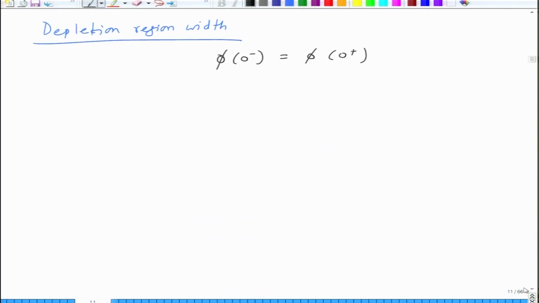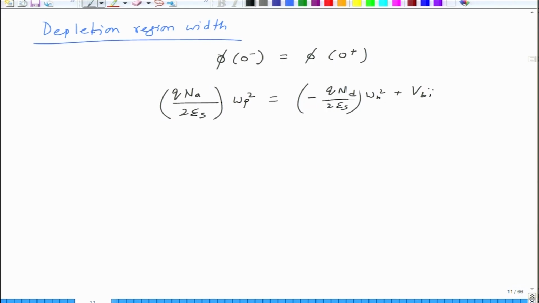When you apply this to previous equations, you get Qna divided by 2 epsilon s into Wp square, which is equal to minus of Qna divided by 2 epsilon s Wn square plus Vbi, okay. So, essentially you substitute x is equal to 0 in both the equations.